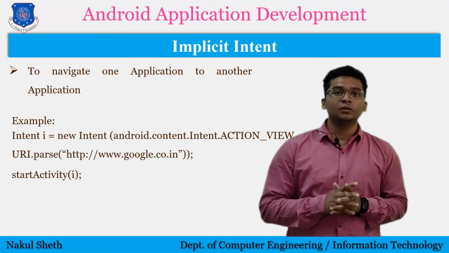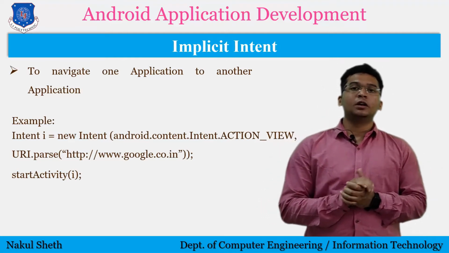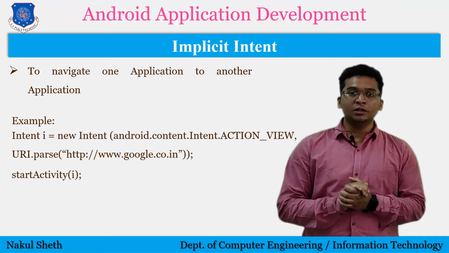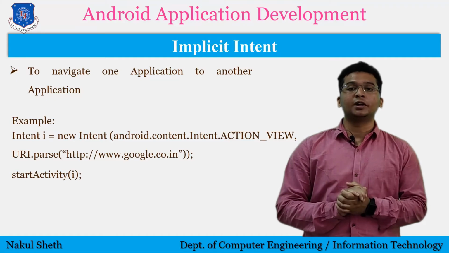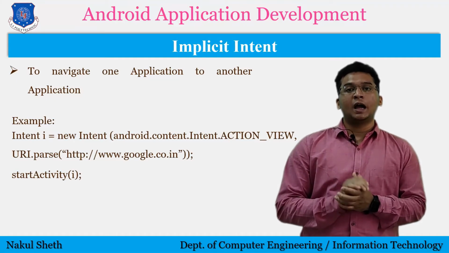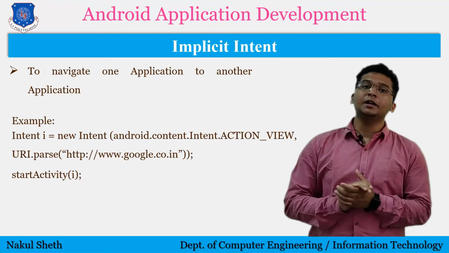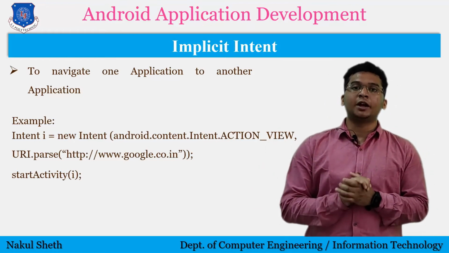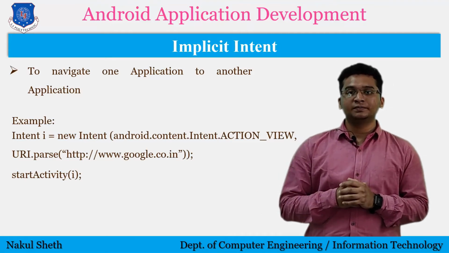So this is how we can open Google in the default browser of an Android phone using our created application or our button click. I am going to show you both of these examples of implicit intent and explicit intent in Android Studio. So let us move to Android Studio.